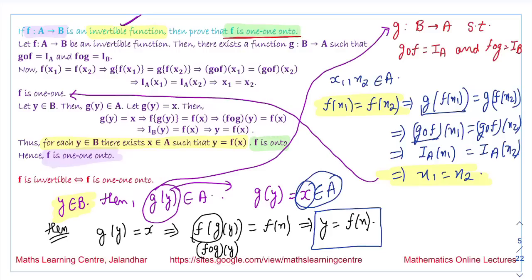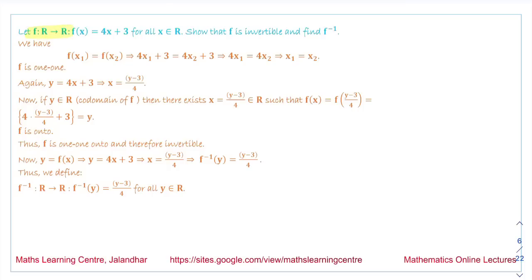Now the next question we have is, let f be a function defined from R to R, and the definition of that function is f(x) is equal to 4x plus 3 for all x belongs to R. We have to show that f is invertible, and we have to find the value of f inverse. So to prove that f is invertible, we are going to prove that this function f(x) is both 1-1 and onto.